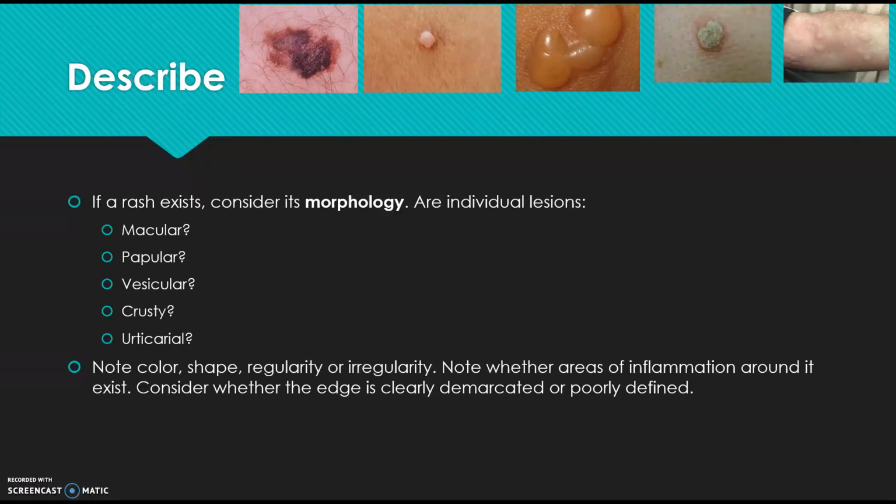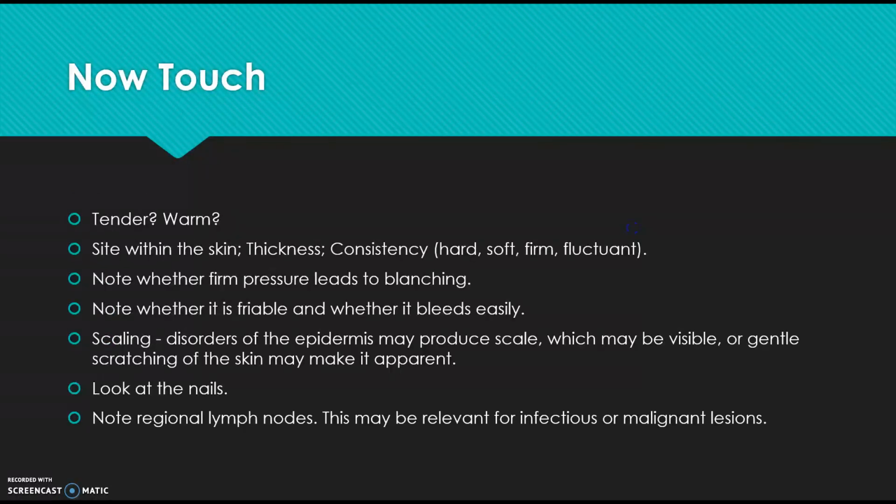So you want to look at the color, shape, regularity. Is there inflammation around it? Is it defined or not well defined? Then touch it. Is it tender? Is it warm? Where is the site on the skin? How thick is it? Is it hard, soft? What is the consistency?